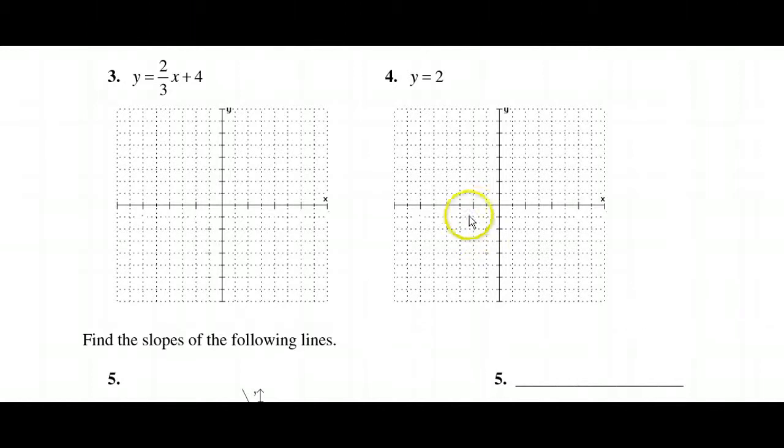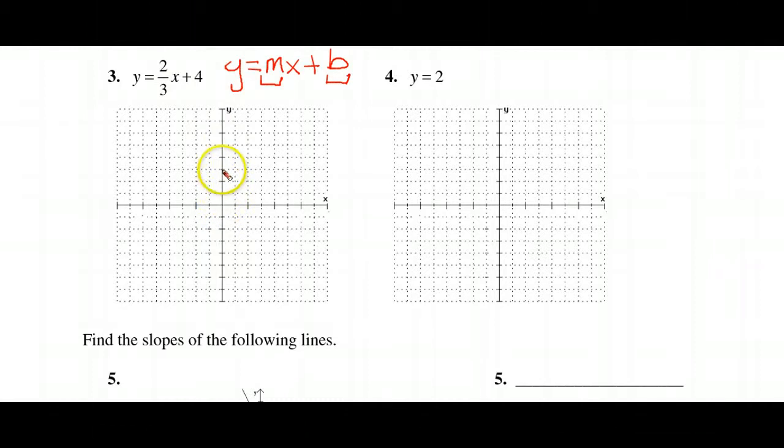Now, as we look at example 3, it is already in slope-intercept form. And you recall that one is y equals mx plus b, where this is your y-intercept and this is your slope. When you solve for a positive y, so our y-intercept is a positive 4.